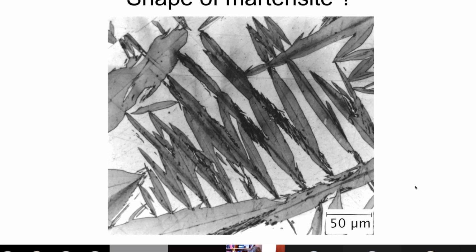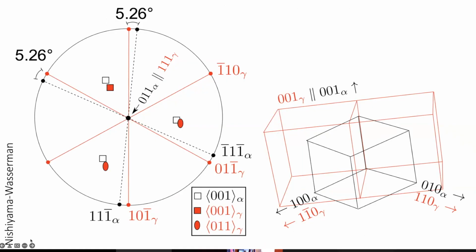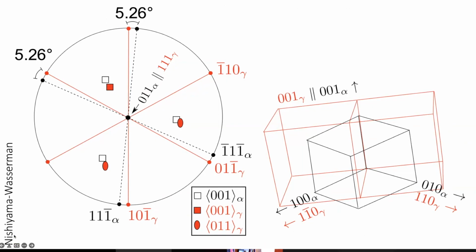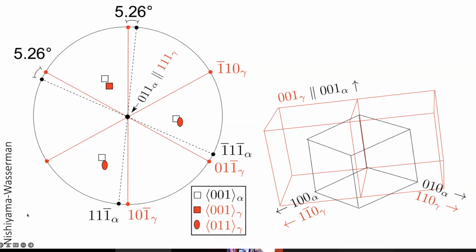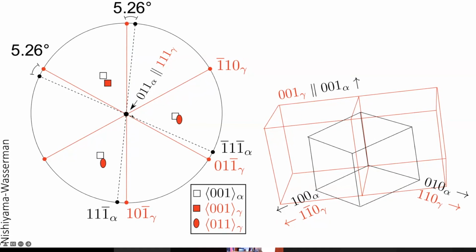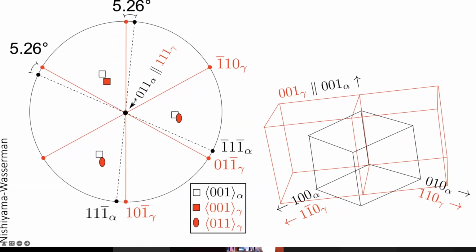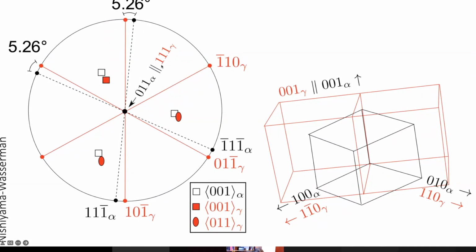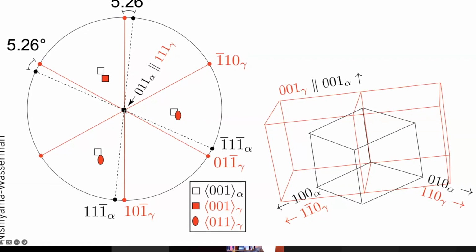So obviously, if you are generating the product from the parent by a deformation, then they will be systematically related in space. So this is the classic Nishiyama-Wassermann orientation around 1945, independent measurements, where we have the most closely packed plane of the martensite and the close-packed plane of the austenite exactly parallel.